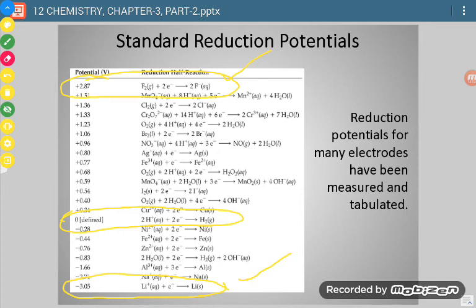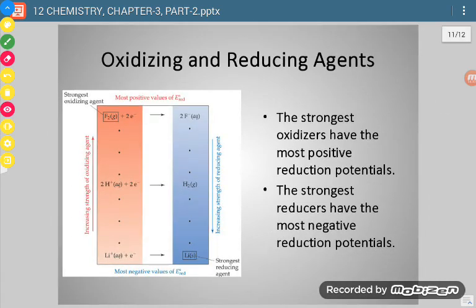Now we know what an oxidizing agent is. An oxidizing agent is a substance which can oxidize others and itself can undergo reduction easily. Similarly, a reducing agent is a substance which can reduce others and can itself undergo oxidation easily. From these values, we can say the strongest oxidizer is that which has the more positive value.